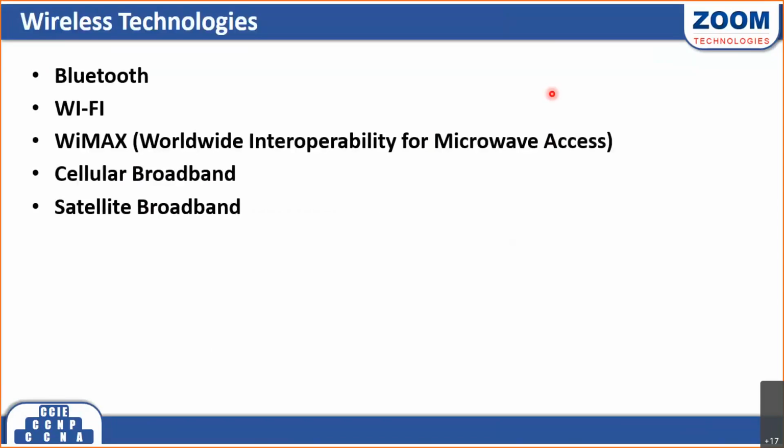But how exactly will these wireless signals travel from sender to receiver? And what is the fundamental property of the wireless link which is involved? So these things we'll try to discuss clearly.